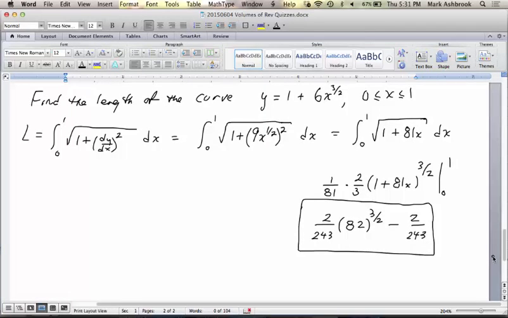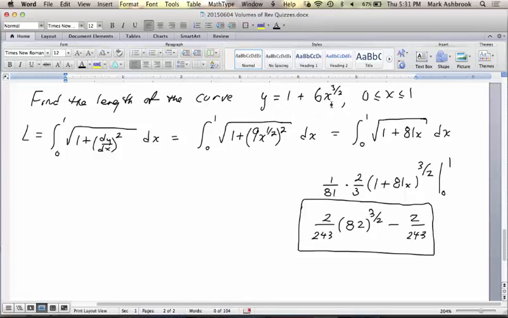So what is that? That's the length of the curve of this function. It's the length of that function starting at x equals 0, ending at 1. That's how long it is, exactly. Okay, so there are some different things that happen here that take some more algebra and some more tricks to get.